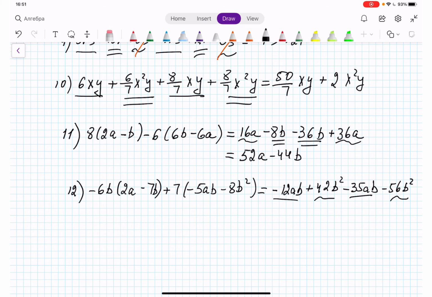The result is going to be negative 12 and negative 35, negative 47ab. 42 and minus 56 is going to be negative 14b squared.